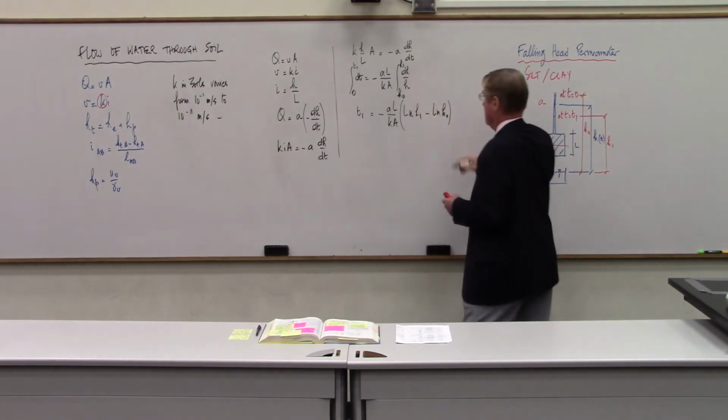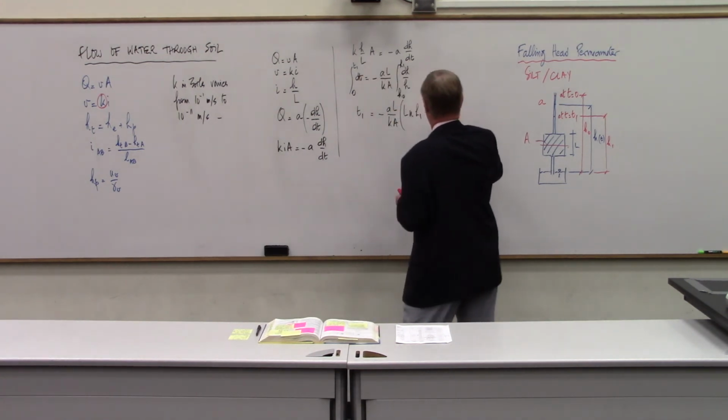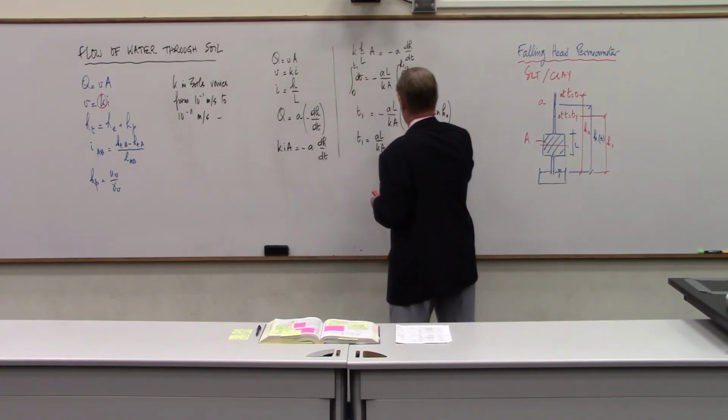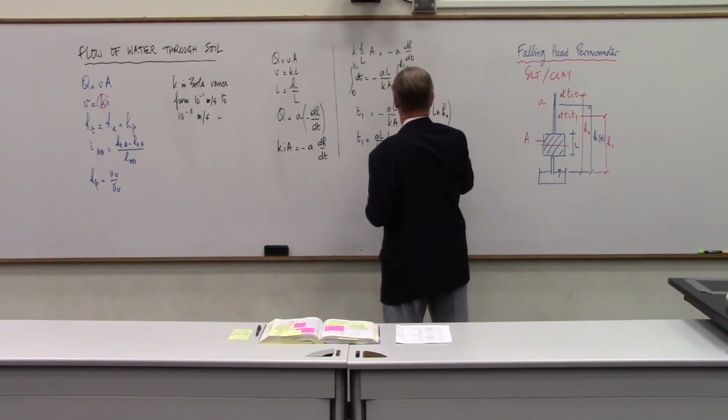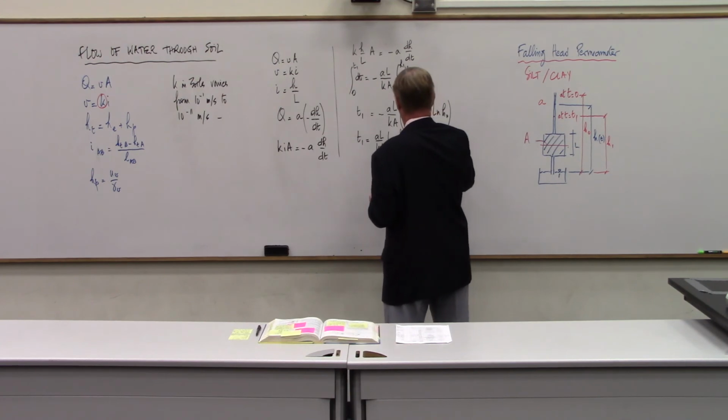So the difference in logs will be the ratio. And if I flip them around, I'm going to have T1 equals AL over K capital A, natural log of H0 over H1.